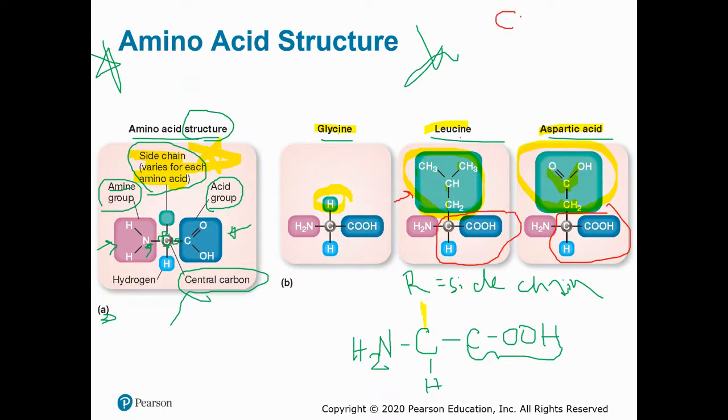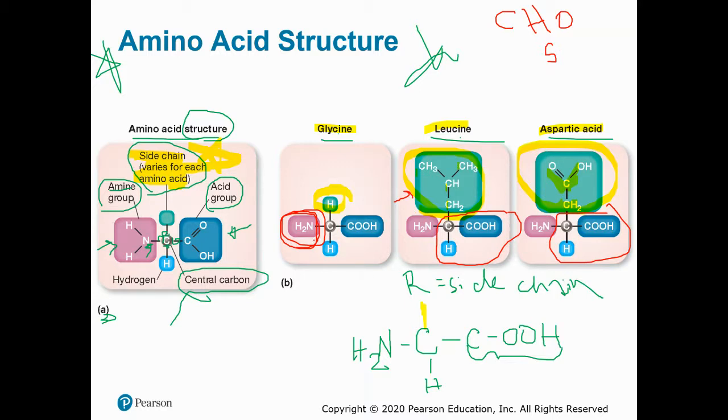Our fats, our carbohydrates, and our proteins are all made up of carbon, hydrogen, and oxygen. And then we said that amino acids or proteins are unique in that they have a nitrogen in them. We will see that some amino acids might also have a sulfur, abbreviated S. They might have a sulfur atom in their side chains, but not all of them.